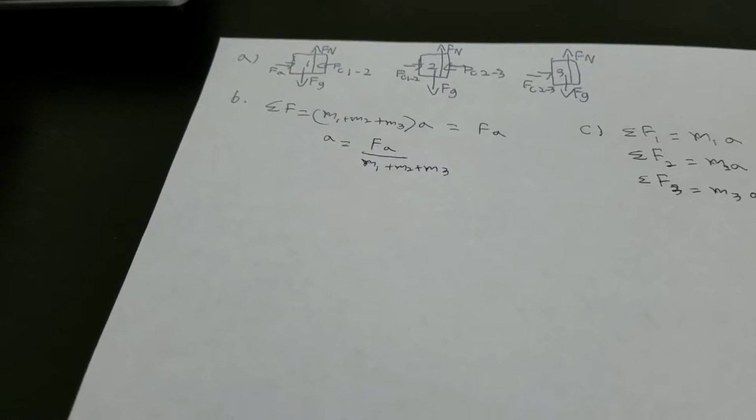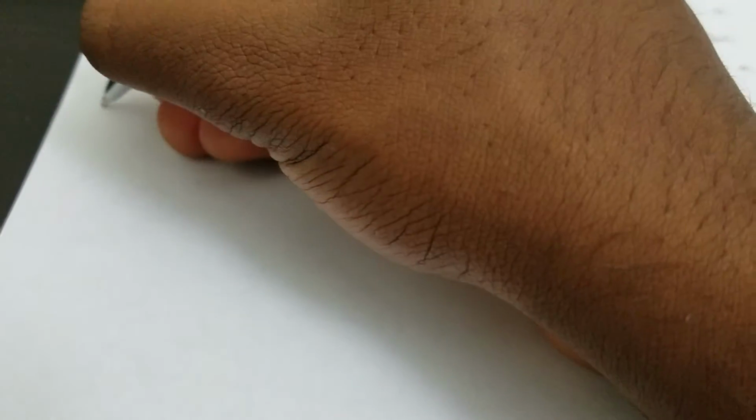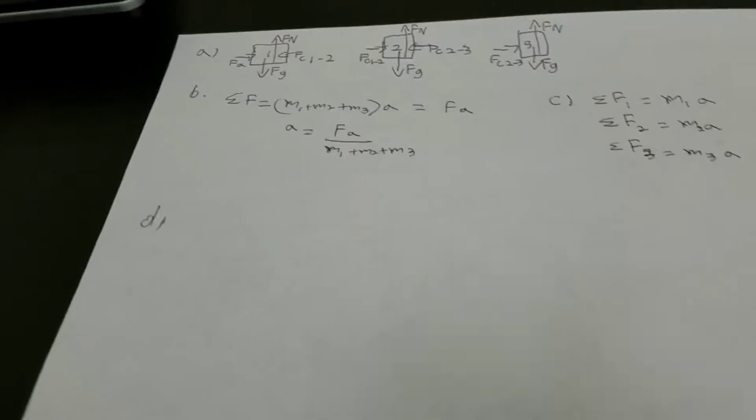And then part D is asking for the contact force each block exerts on its neighbor. For this, we have to solve for 2 separate contact forces, because there's a contact of block 1 and block 2, and the contact of block 2 and block 3.